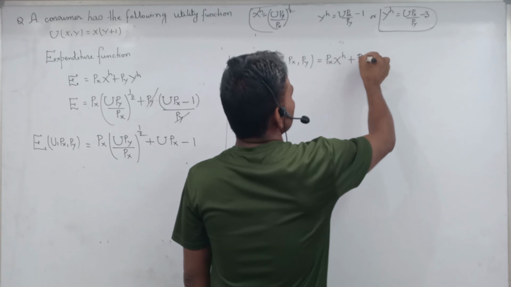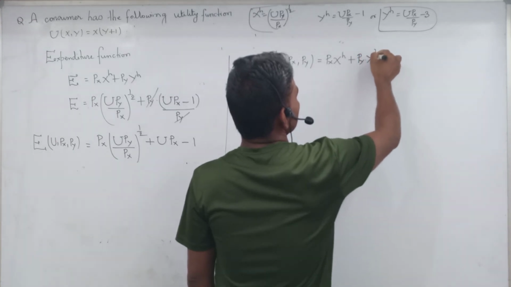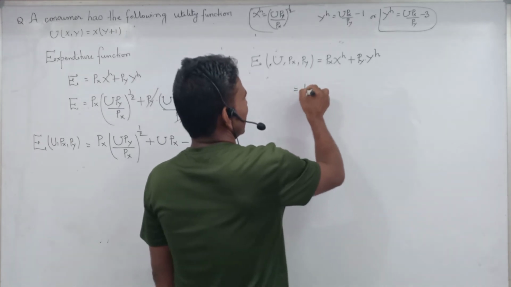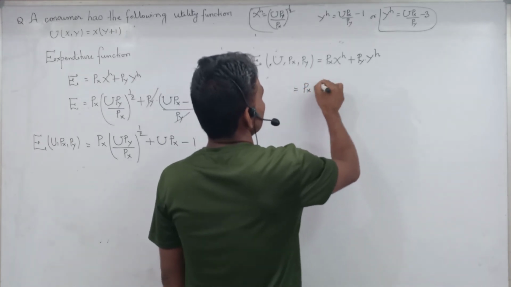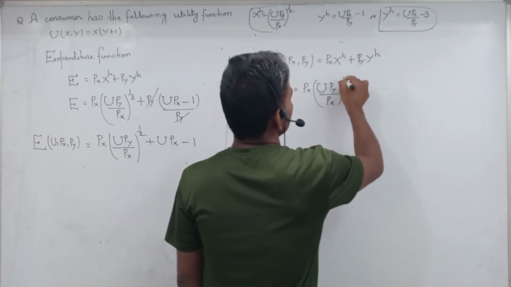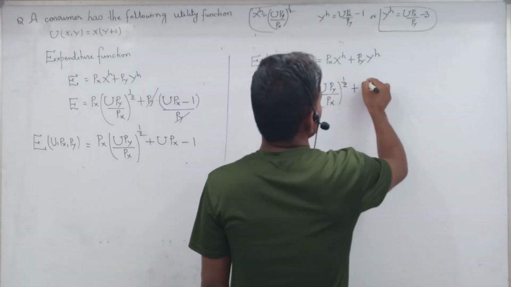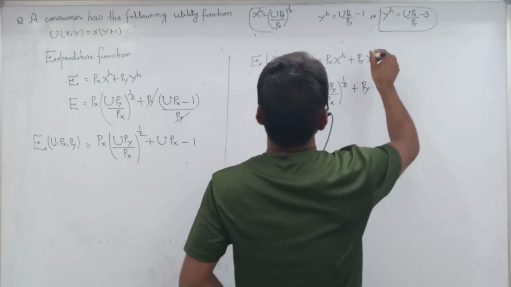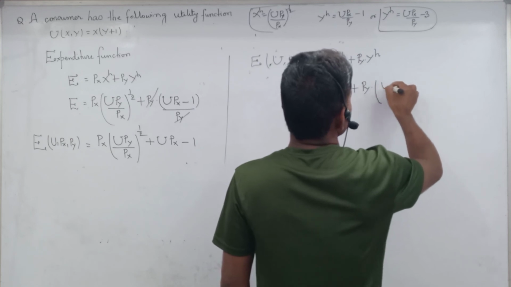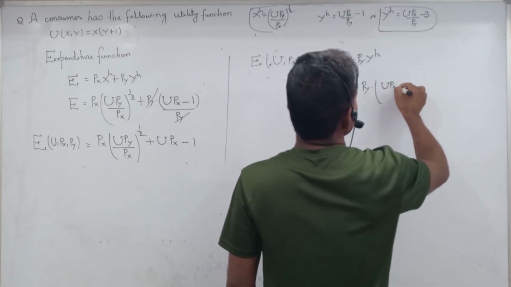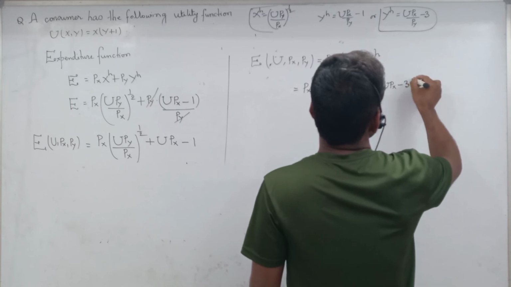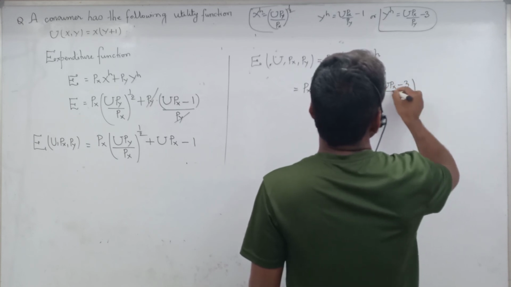Price of y times the Hicksian demand function for commodity y: price of x times u, price of y by price of x whole power 1 by 2, plus price of y into u times price of x minus 3 by price of y.